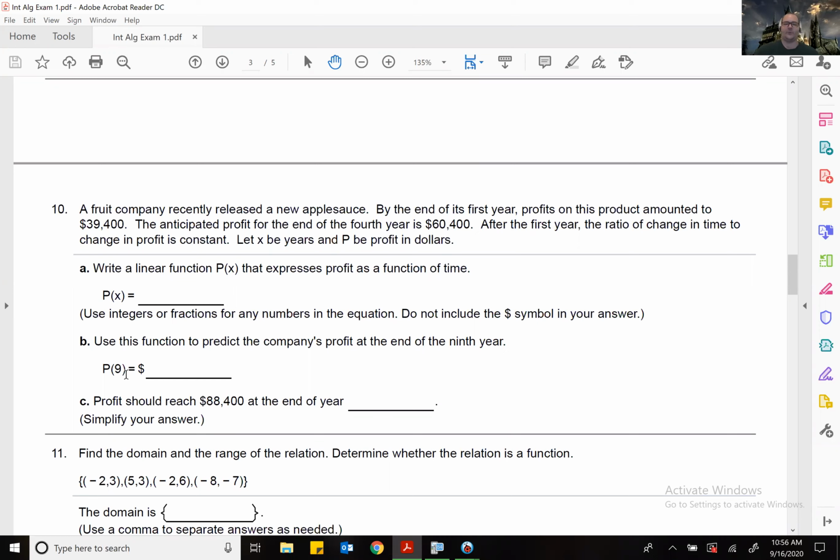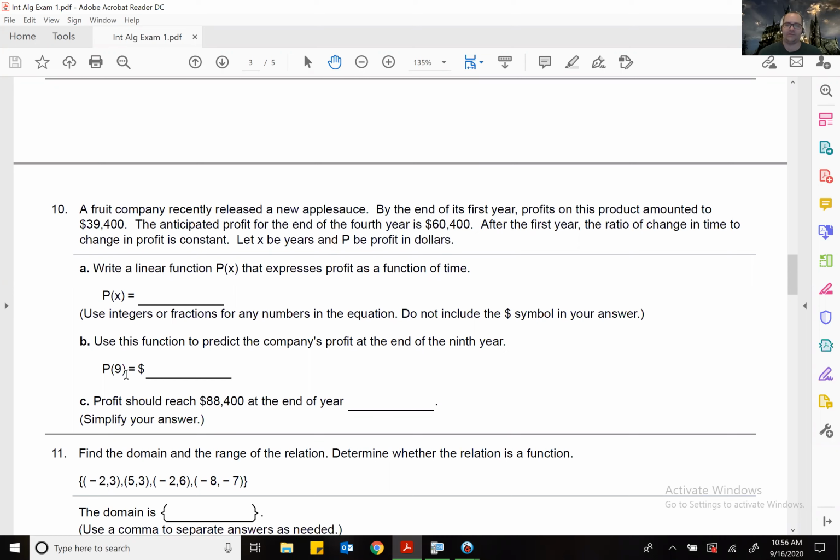After the first year, the ratio of change in time to change in profit is consistent. Okay? So let X be years and let P be the profit, or in other words, P is another way of saying Y. So the first thing they want us to do is write the equation.